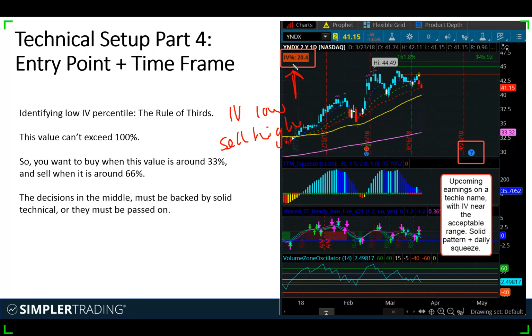If you're looking at IV as a percentage, it can only go up to 100%, right? So if it's at 20%, it still has quite a ways to trade higher versus lower, okay? Conversely, if you see that it's already at like 80%, then you might be at the top range of your IV and you won't be able to benefit as much from the rise in IV because it's already really high. So that's another factor that we like to use in confluence with this setup.